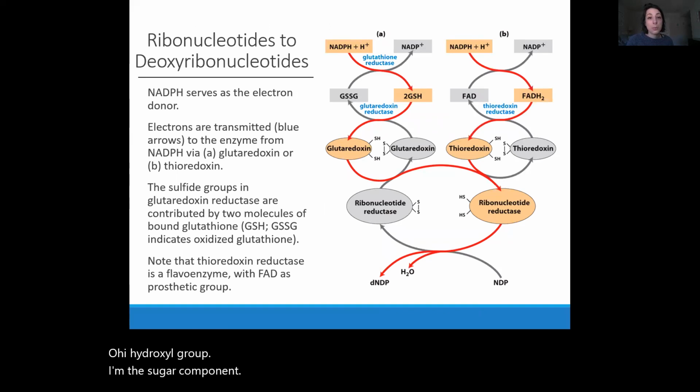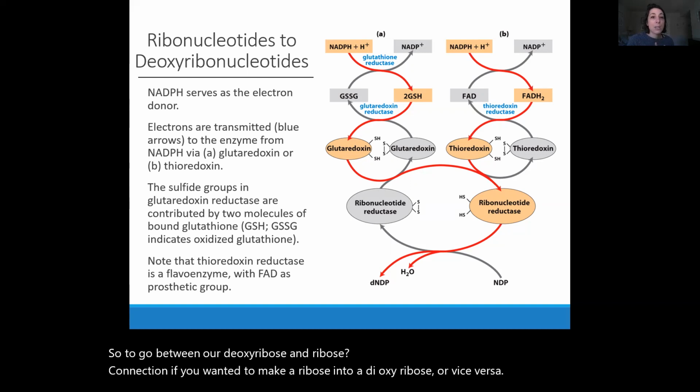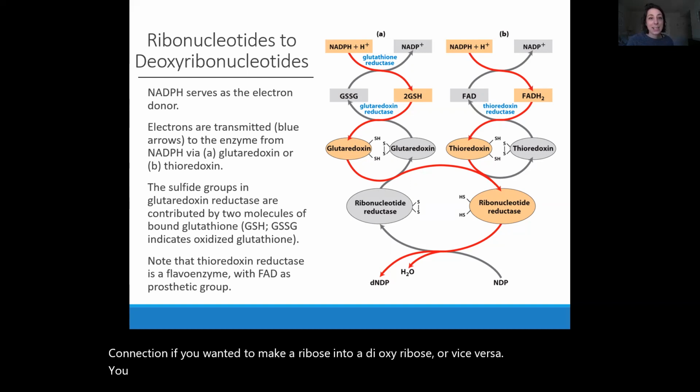So to go between deoxyribose and ribose, if you wanted to make a ribose into a deoxyribose or vice versa, you actually ultimately need a lot of NADPH and glutathione.